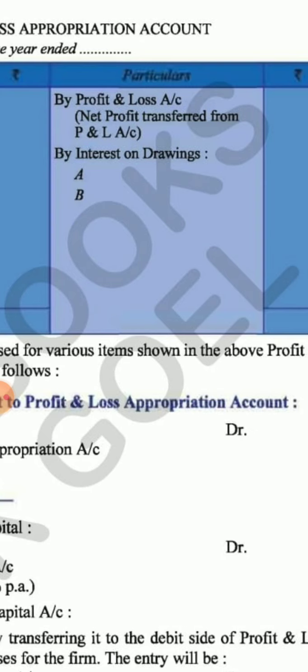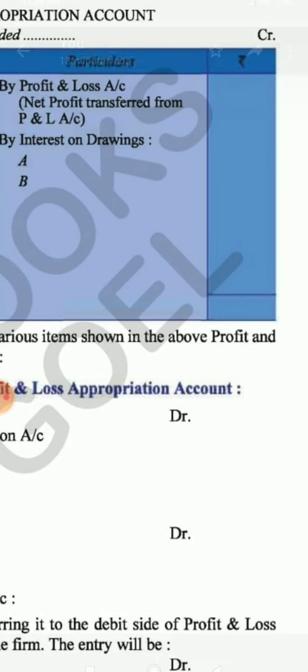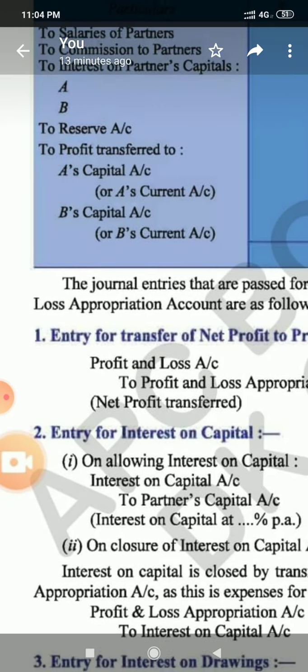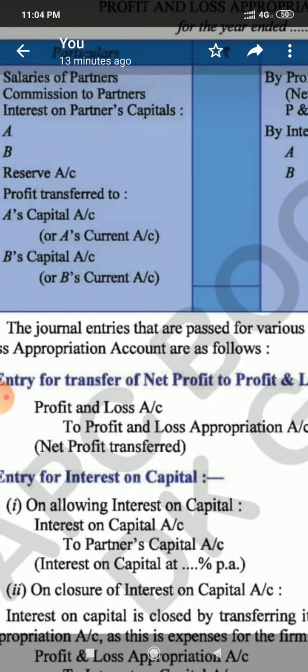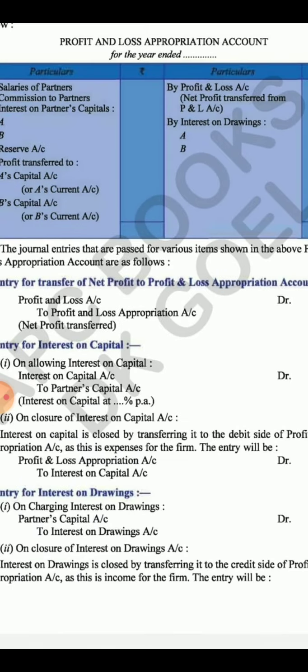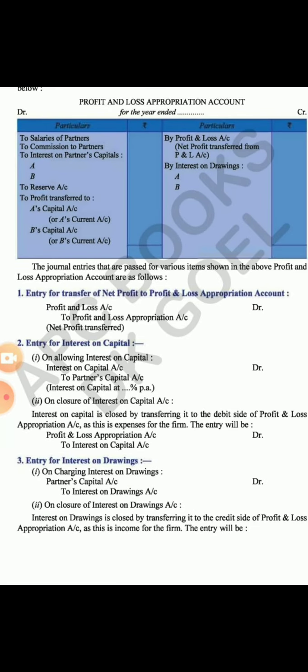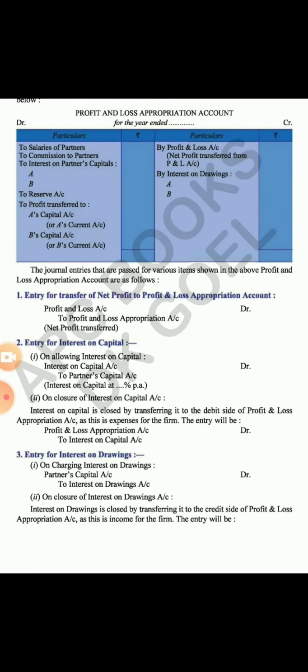Then taking the difference between debit and credit side, if the credit side is bigger, the profit comes on the debit side and will be transferred to the capital account. If the debit side is bigger than the credit side, the loss comes on the credit side, and that will also be transferred to the partners' capital account. Okay, this is the PL appropriation and related entries.